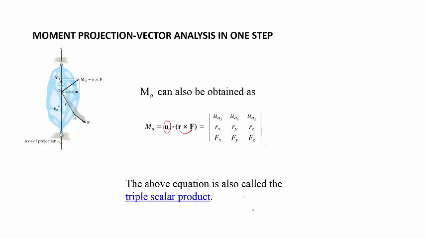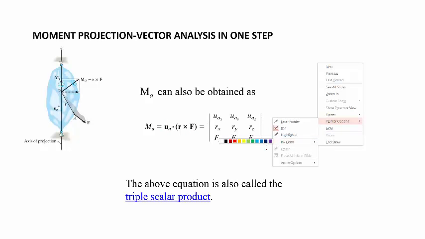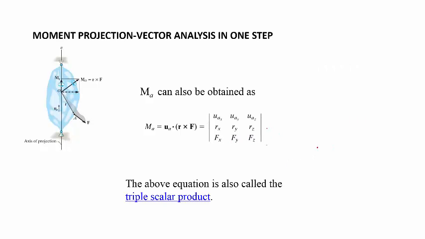Okay, and the rationale is the same in the sense that then you do UAX, and then you have RY FC minus RC FY, and then you have a minus sign here, UAY, and then you have RX FC minus FX RZ.